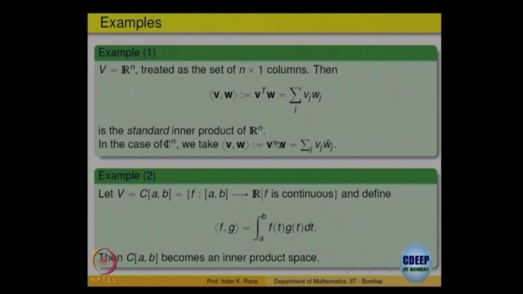Actually, there is a typo here. This star should have been here on W. That is why the Wj bar is coming there: V W star.